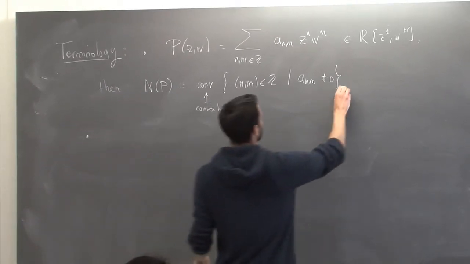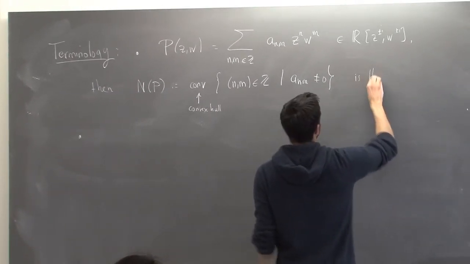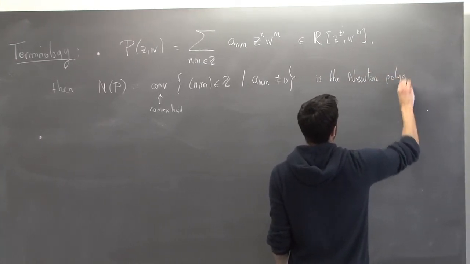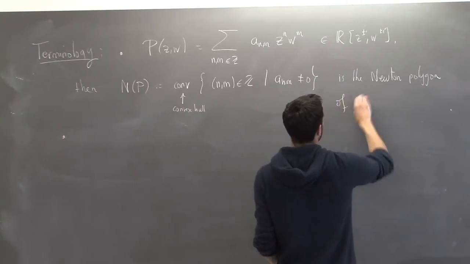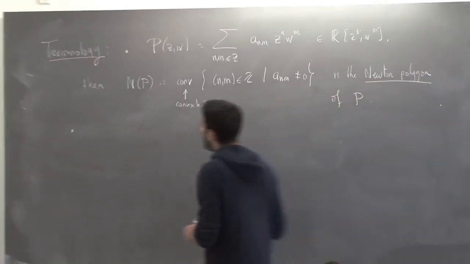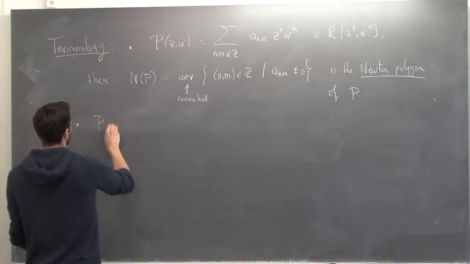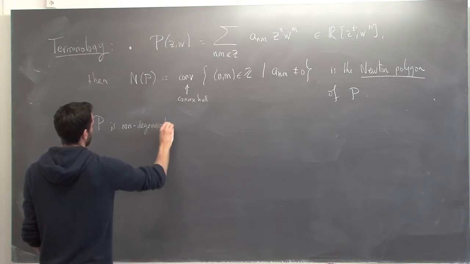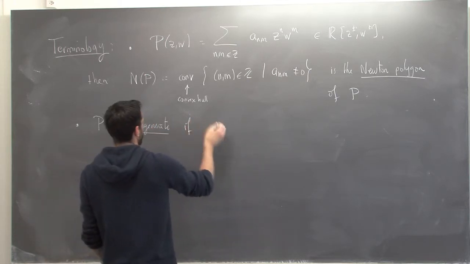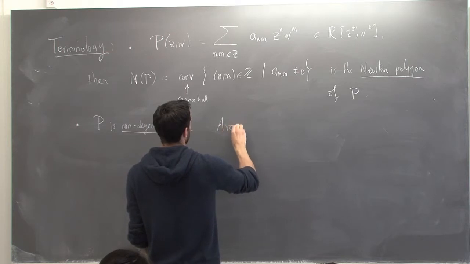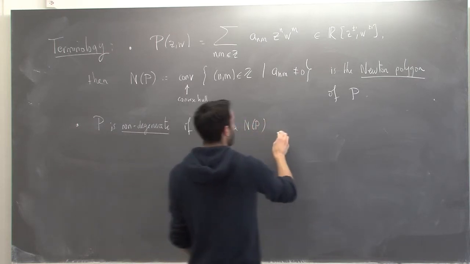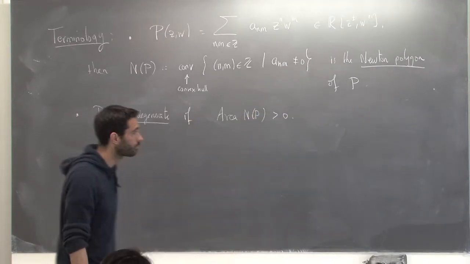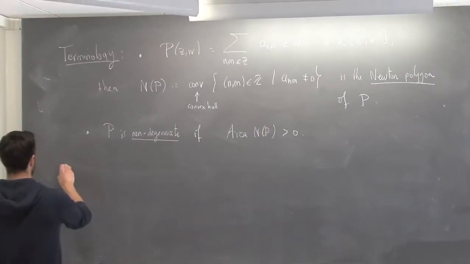This is called the Newton polygon of P. And then we'll say that P is non-degenerate if the area of its Newton polygon is positive.